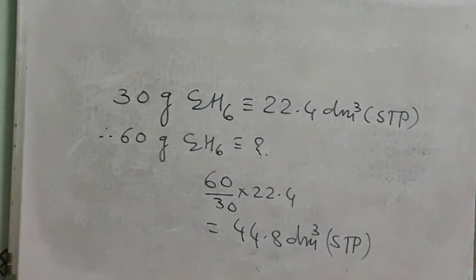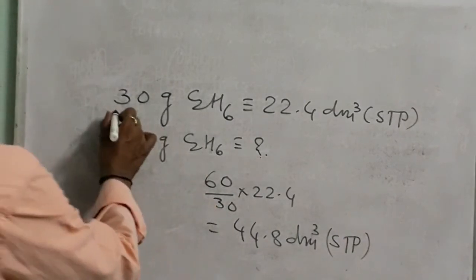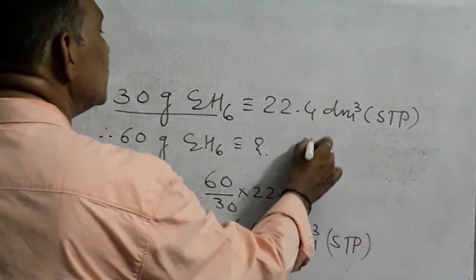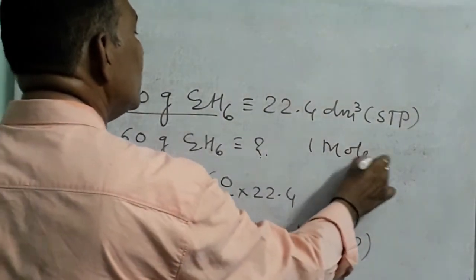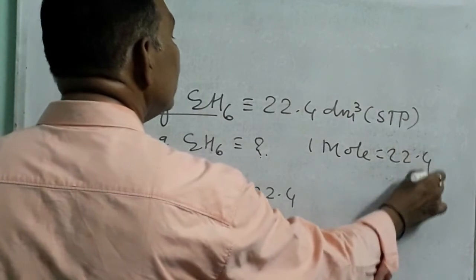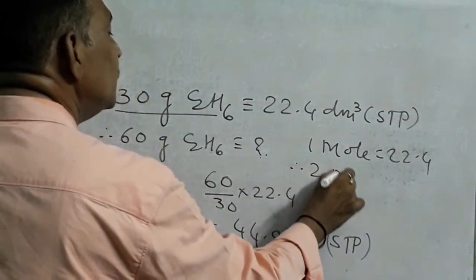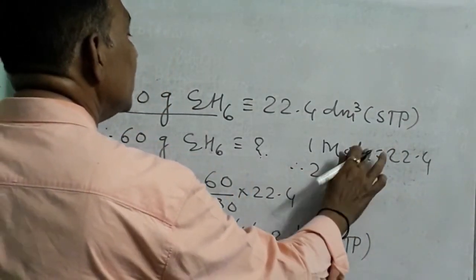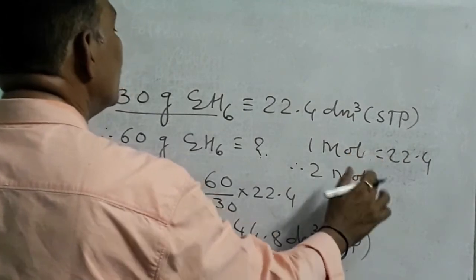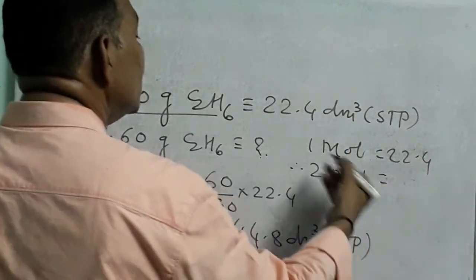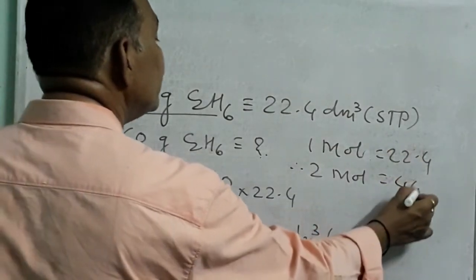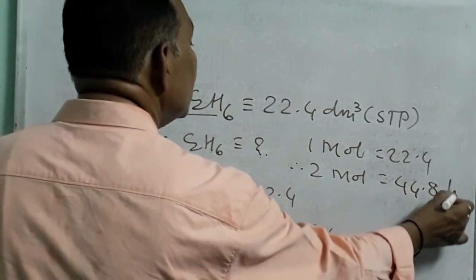So friends, it is solved this way, and directly you can solve it too: 30 gram ethane corresponds to 1 mole, so 1 mole occupies 22.4, therefore 60 gram means 2 moles. So 2 moles will occupy double of 22.4, that is 44.8 dm cube.